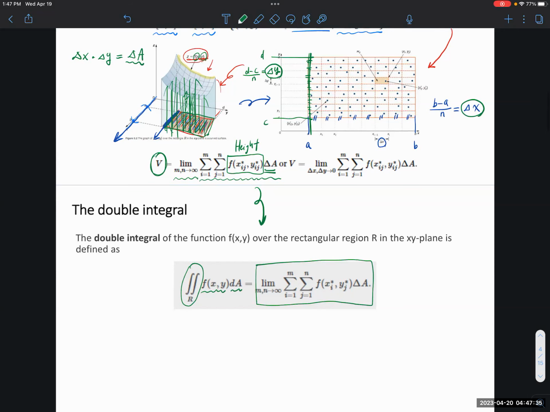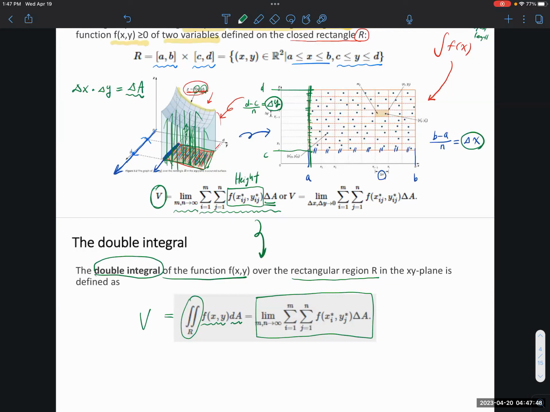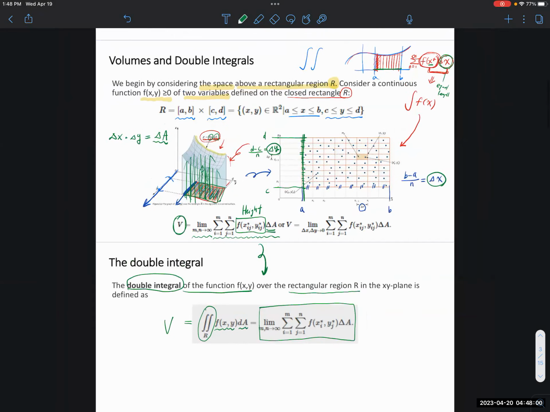So we're going to take the double integral of the function with two variables over the rectangular region to find the volume of that shape. Does it make sense? So I think this is the easiest way that I can convince you how to find the volume of the function of two variables, because it is the same thing as the Riemann sum with one variable.